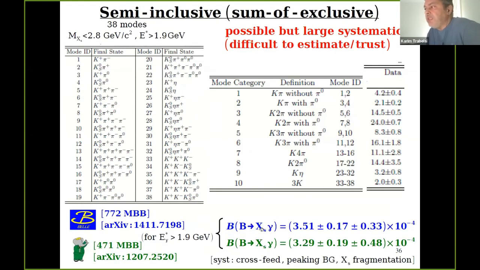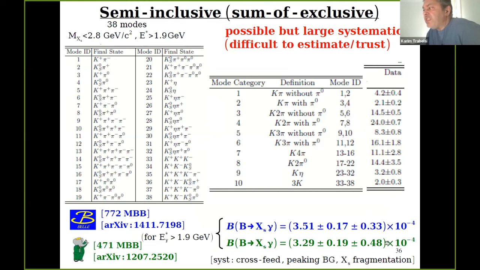So you still provide a branching ratio of the sum, and you have to extrapolate to the modes that you couldn't measure. And then you end up with a more precise result. So here you beat the precision needed for the comparison to the prediction.